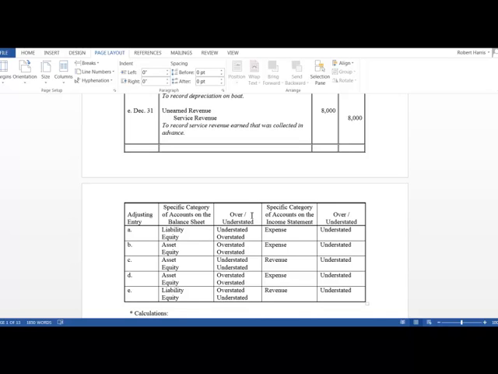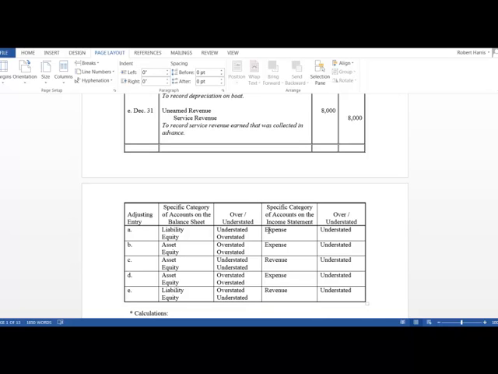So down here, we can see that our liability would be understated, equity would be overstated. And then it says specific category of account on the income statement, and that's talking about the expense there. We had an expense, and if we understate an expense, we overstate our equity, right? Because remember, expenses and revenues have the opposite impact on equity.